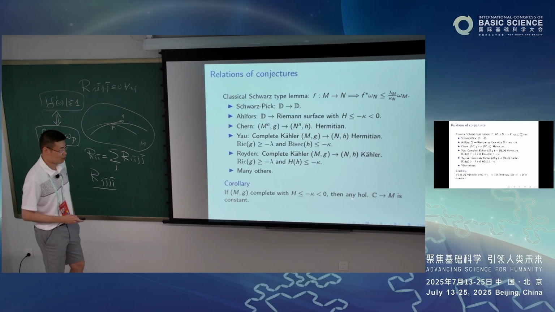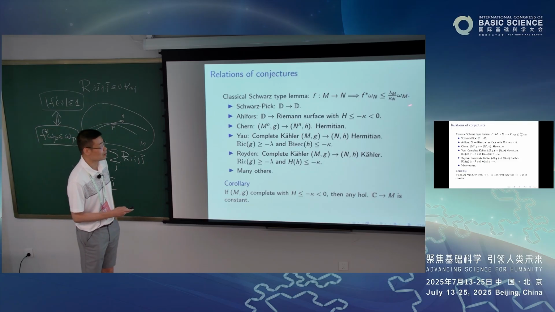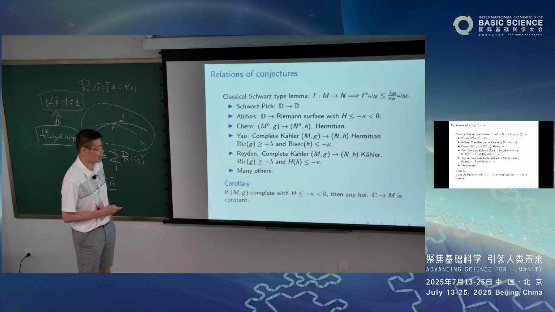So any holomorphic map from C to M has to be constant, right? Because by this inequality, for C you take the standard metric, the Ricci lower bound will be 0 because the standard metric has curvature identically equal to 0, right? So your pullback will be 0 if it's not constant, right? So every holomorphic map from C to M is constant.